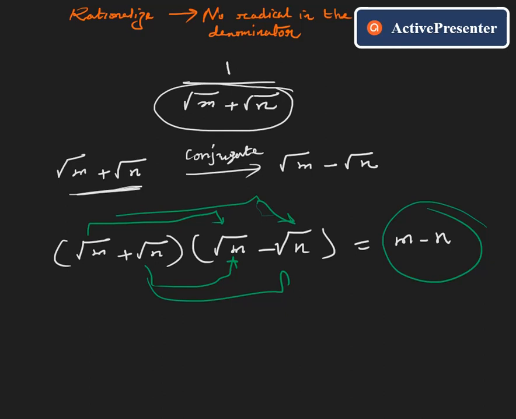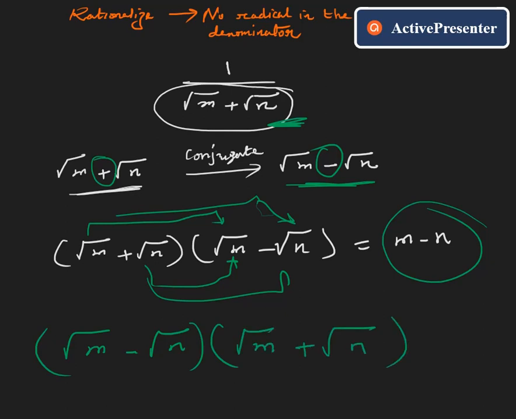So for expressions such as this one, you multiply by the conjugate. Here positive sign, here negative sign. This is the conjugate. If we have square root of m minus square root of n, then multiply by square root of m plus square root of n, and that's it.